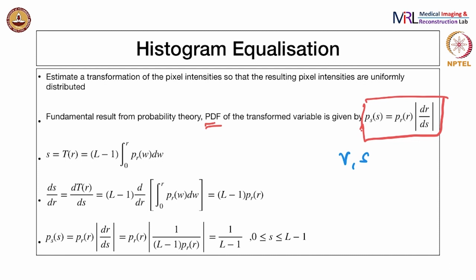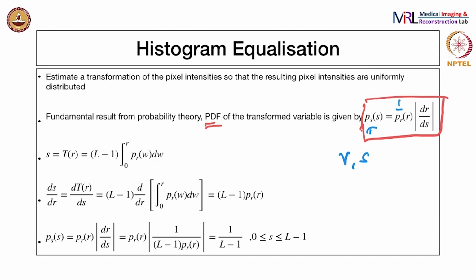R is our original given image, so P_R(r) corresponds to its histogram, from which we derive its empirical PDF. If we know the transformation function T(r) and that it's continuous, then we can write P_S(s), the distribution of the transformed variable, by this expression.